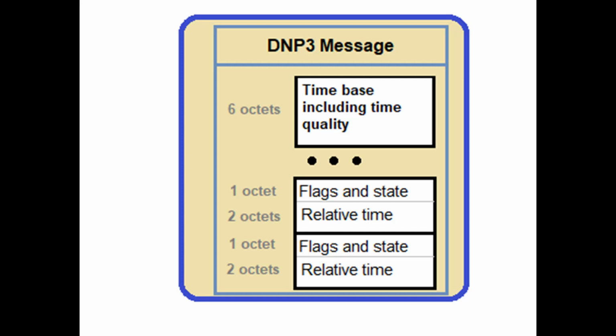If the clock quality is synchronized, then the same event can be reported using an absolute time or relative time variation. The advantage of relative time is as a space saver when several events occur within the same minute, or when an event is recorded with a clock of questionable accuracy.